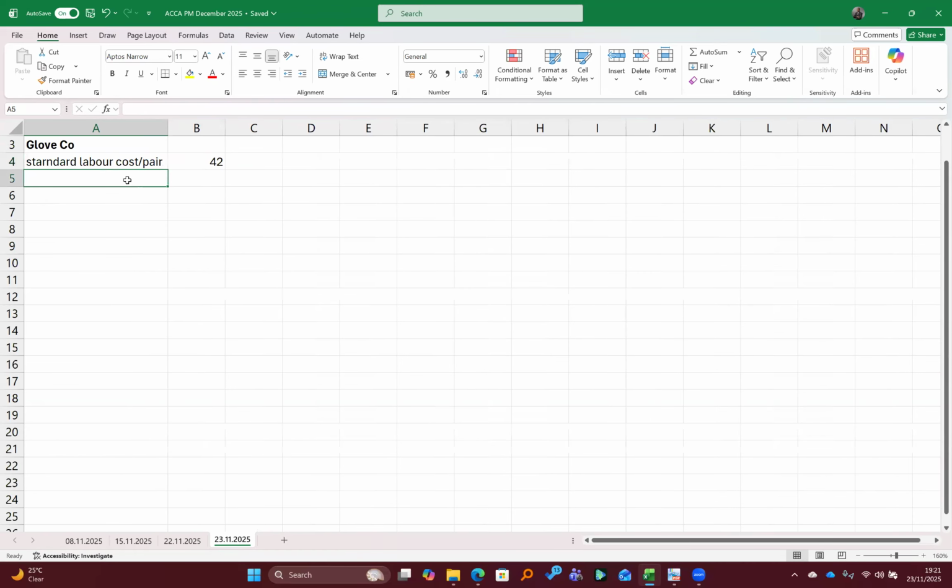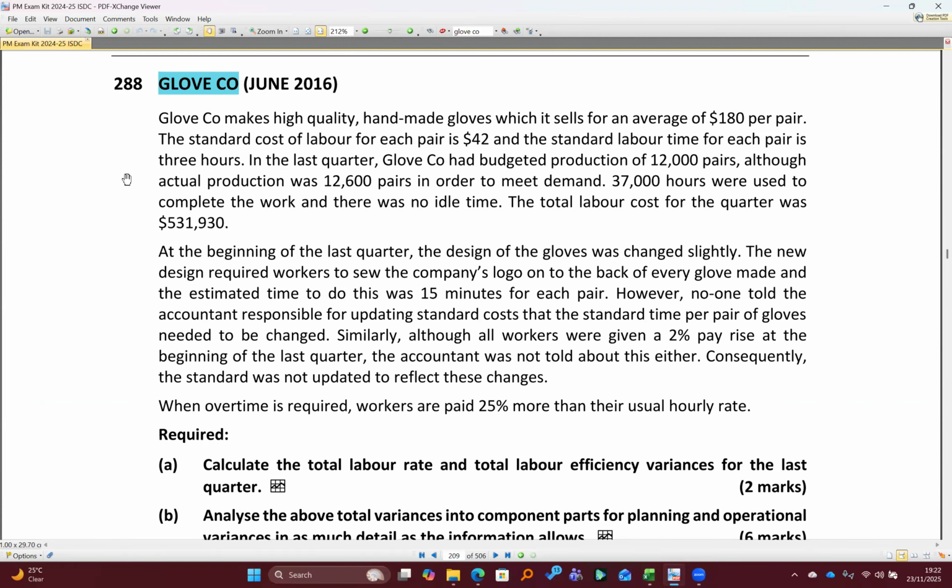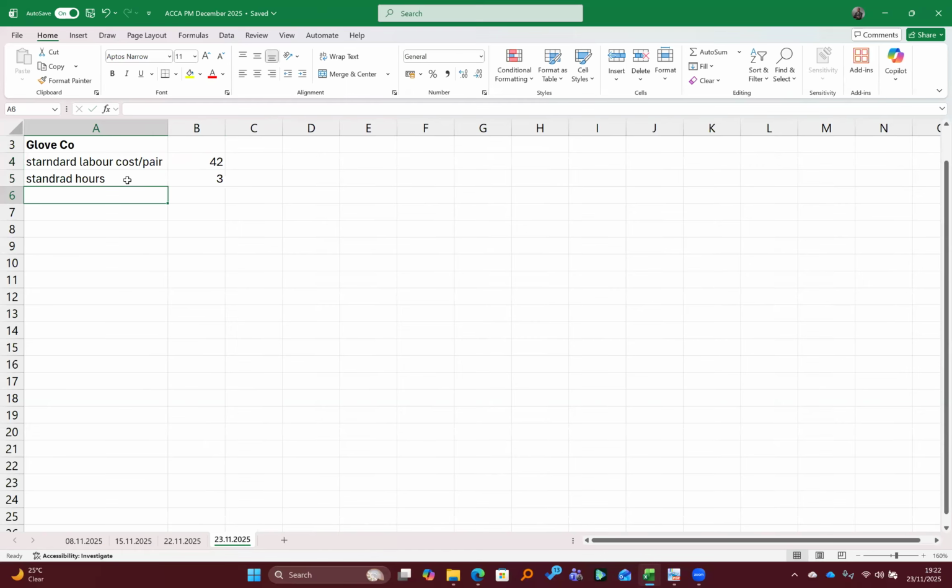Then standard hours, 3 hours. Therefore, you can get the standard labor cost per hour as a division of these two.